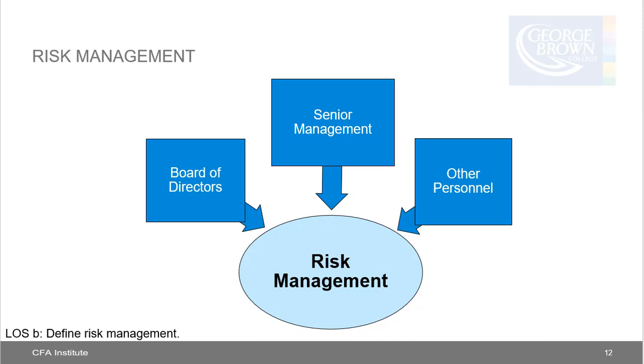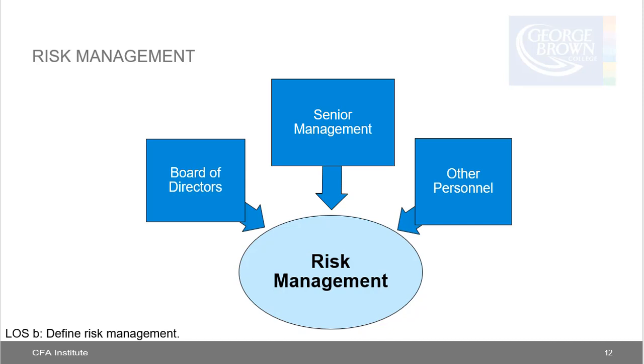So risk management is defined as a process effected by an entity's board of directors, management, and other personnel, applied in a strategy setting across the enterprise, designed to identify potential events that may affect the entity and to manage risk to be within its risk appetite, and to provide reasonable assurance regarding the achievement of entity objectives. This definition is broad, but it highlights the key concepts associated with a risk management framework.